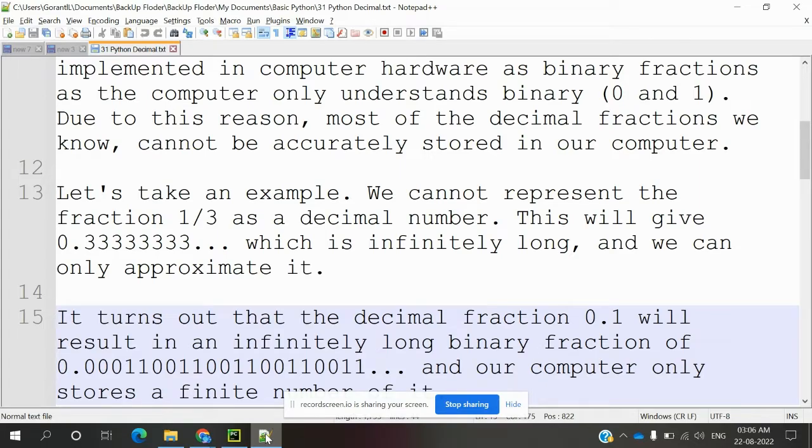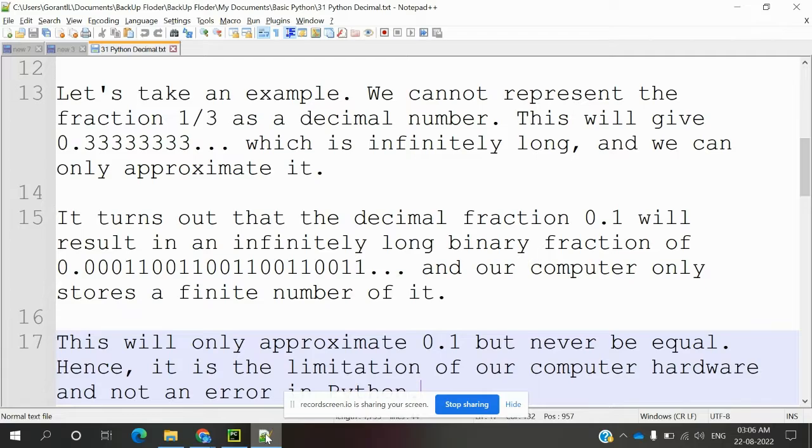For example, 1 by 3 in binary. When you search or calculate that, it will provide 0.3 and some more values, correct? When you use the computer format, it will not read the values after a certain point.